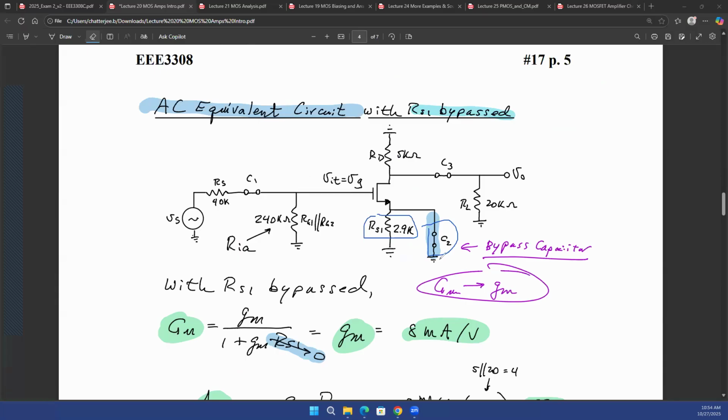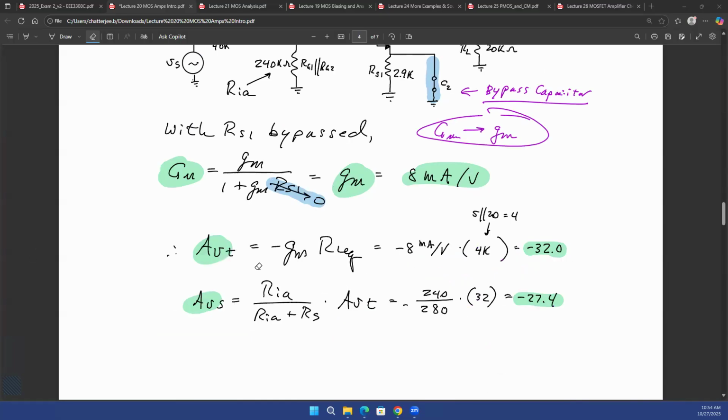And if you have a short, then of course the overall capital GM that you had considered in the last problem, which is lowercase gm divided by 1 plus gm RS, if your effective resistance becomes 0, then this gm RS becomes 0, right? Then your uppercase gm is nothing but your lowercase gm, which was a much larger quantity, 8 milliampere per volt. So if you have the bypass capacitance, the only difference is that your uppercase GM will now be equal to lowercase gm instead of lowercase gm divided by 1 plus gm RS.